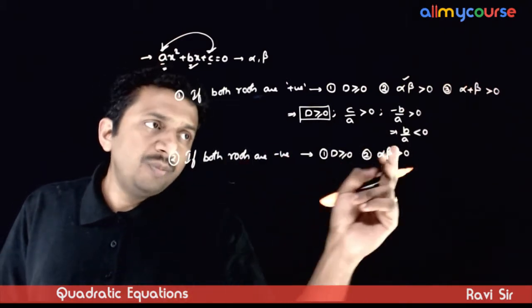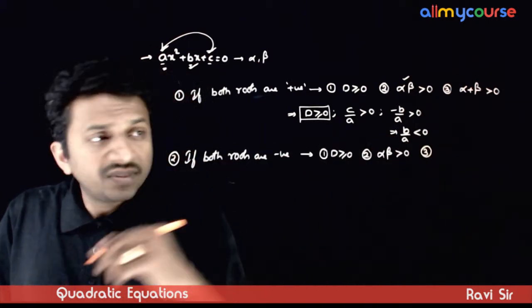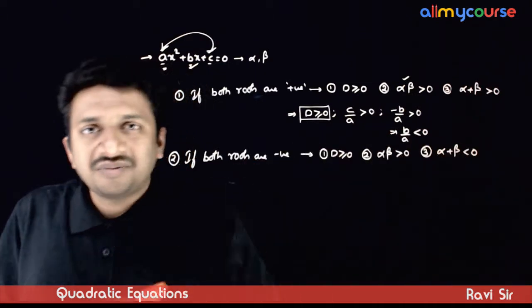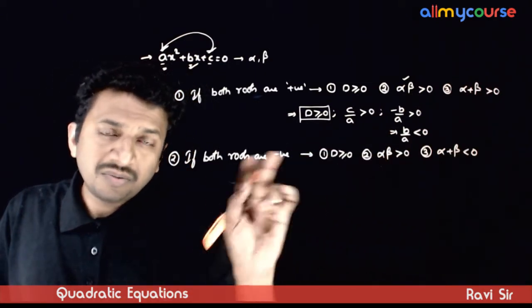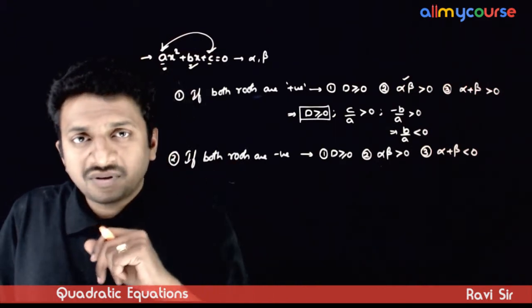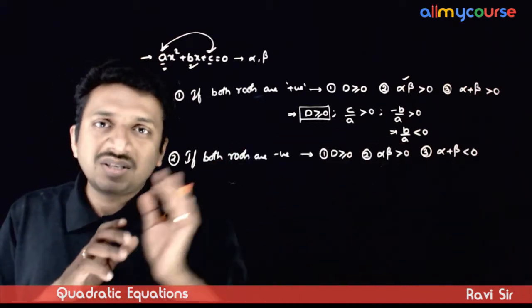So alpha into beta has to be greater than 0. And third, this time alpha plus beta has to be less than 0. So if alpha beta is greater than 0, then either both roots are positive or both roots are negative. If alpha plus beta is negative, that means both roots are negative.